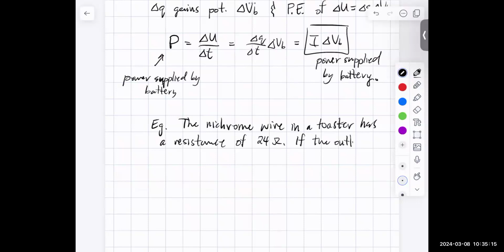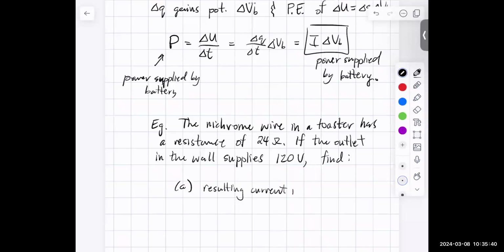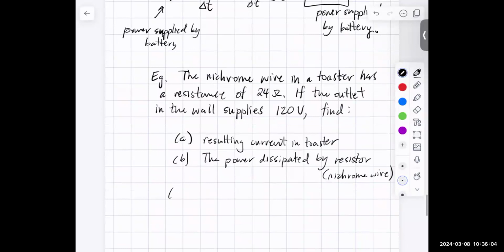If the outlet in the wall supplies 120 volts, find, first, the resulting current in your toaster, and B, the power dissipated by the resistor, and our resistor is going to be our nichrome wire, and C, the power supplied by the outlet.